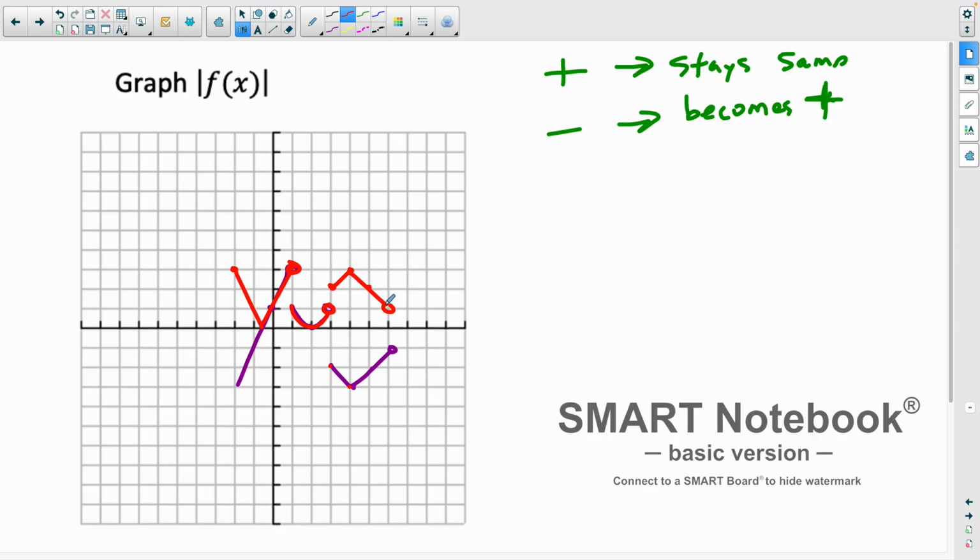But not all of it looks reflected because the positives didn't change. But the red graph that I have there, the red is my answer. That's my correct answer. Okay? Everybody okay with that? So real quickly, what I'd like for you to do, I want you to tell me the domain and the range for the red. Okay?